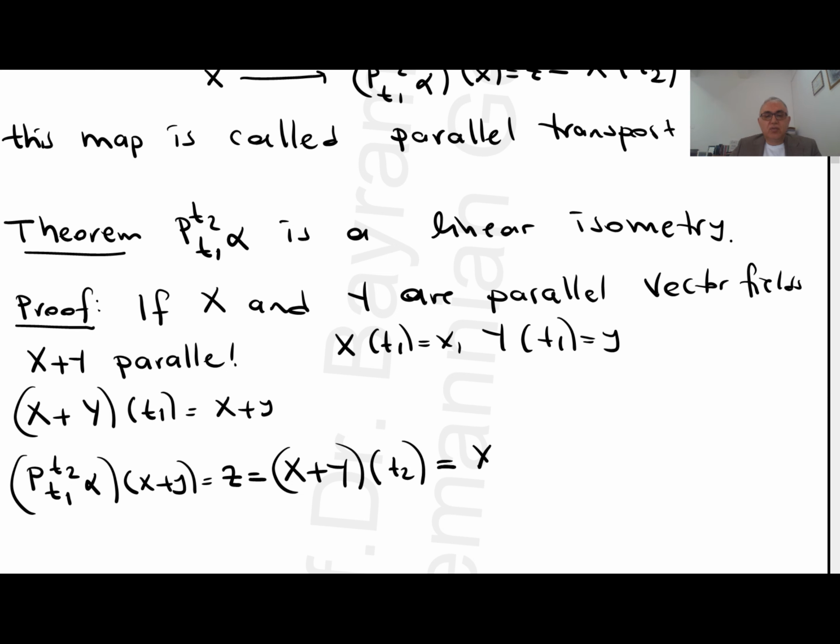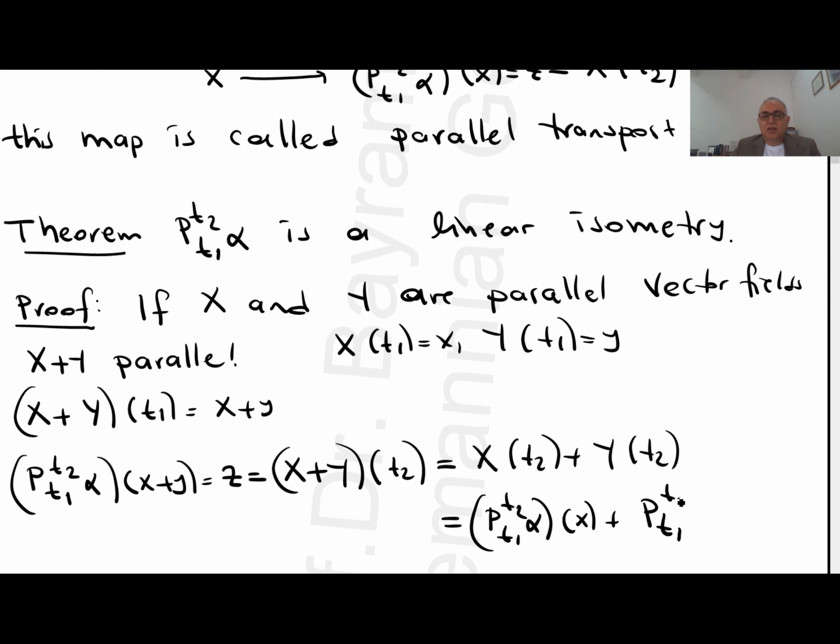So you can write x(t2) plus y(t2), and this is P_{t1,t2}^alpha x plus P_{t1,t2}^alpha y.